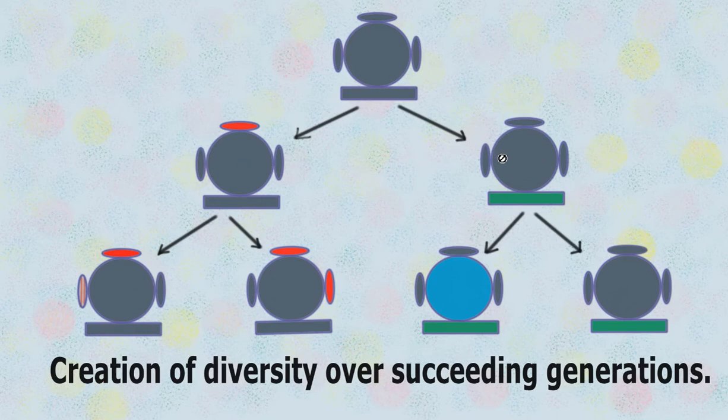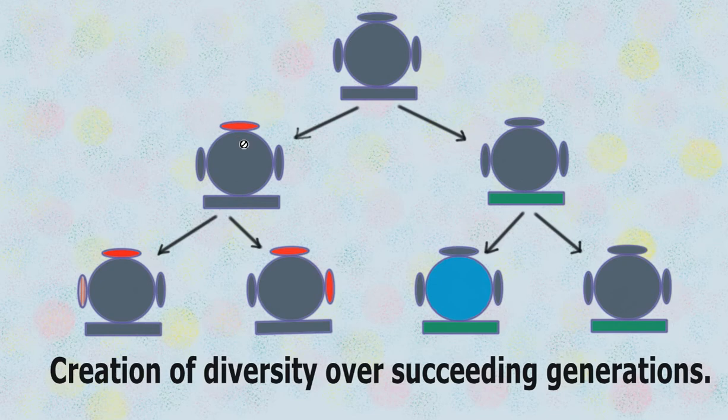Similarly, these individuals will further reproduce asexually to give rise to 2 more new individuals. So the original organism at the top gives rise to 2 individuals, similar in body design but with subtle differences.